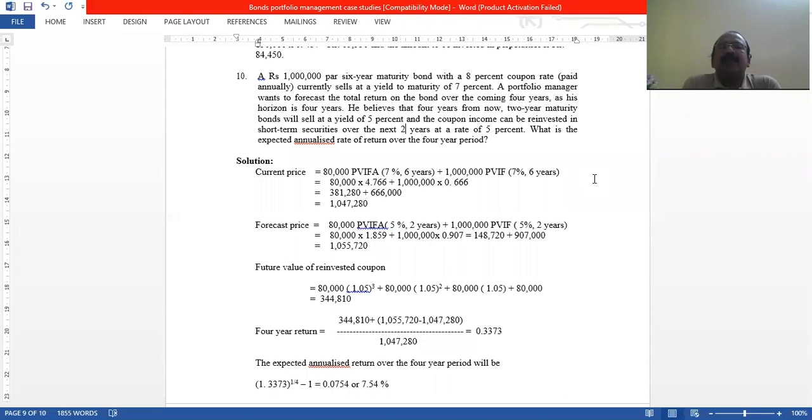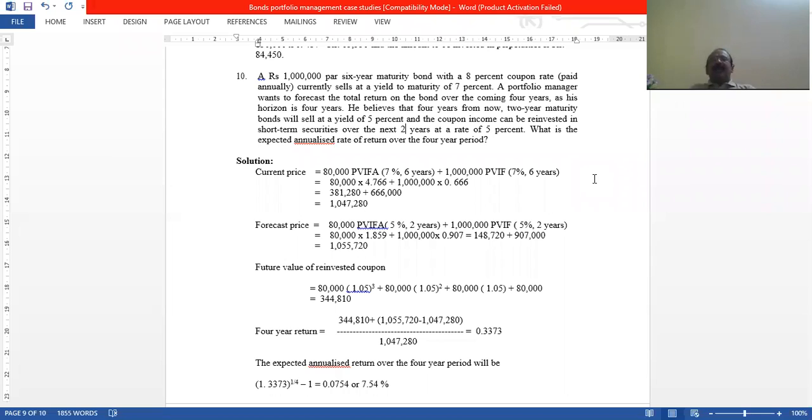So 10 lakhs divided by 1.07 power 6. Okay. So the present value index factor annuity is 4.776. That is for interest period, and present value index factor is 0.666. So you multiply, you will get 10 lakhs 47,280.